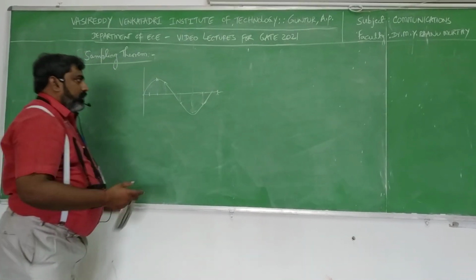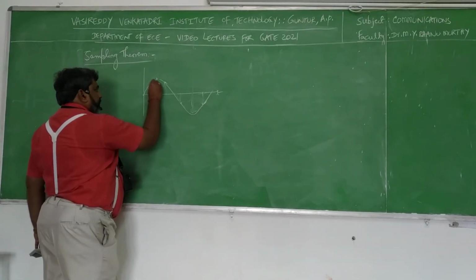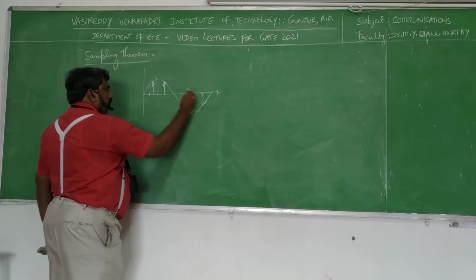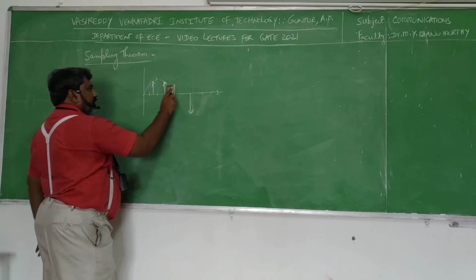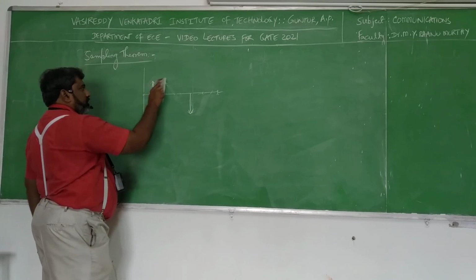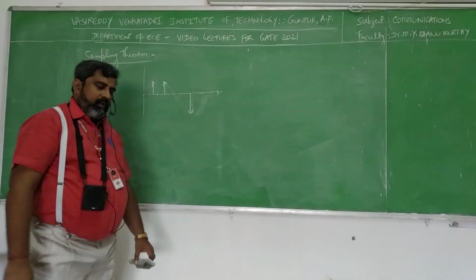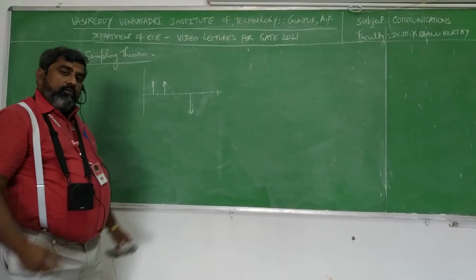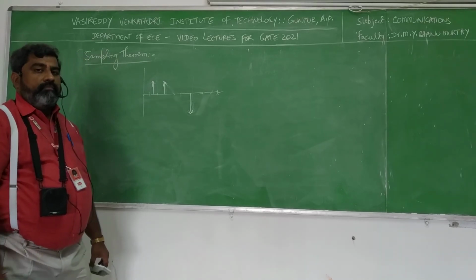Now, in a hypothetical case, I take samples like this: 2 positive samples and 1 negative sample, and transmit these 3 samples towards the receiver over a channel. Is it possible to perfectly reconstruct your message signal from these 3 samples?